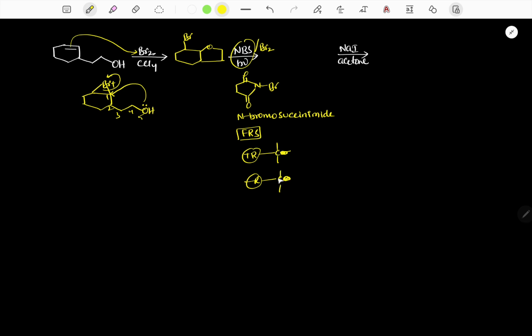So only these kinds of radicals are possible, especially allylic and benzylic. Of course, here it is a plus R group, therefore there is a radical possibility here and a radical possibility here.